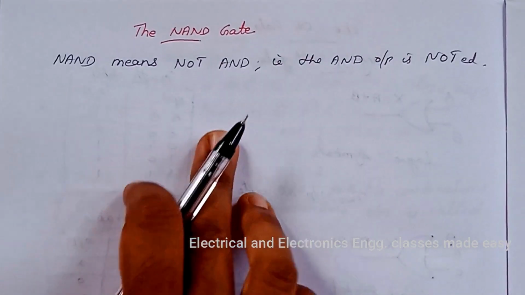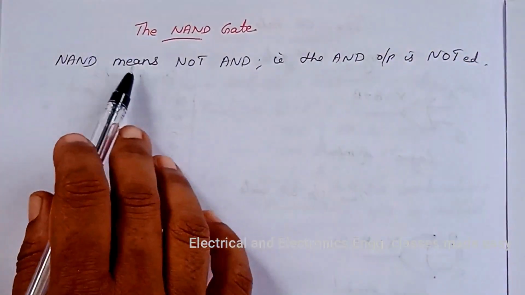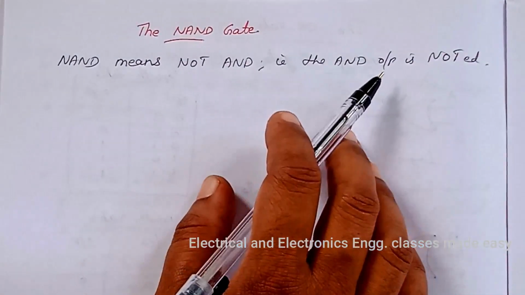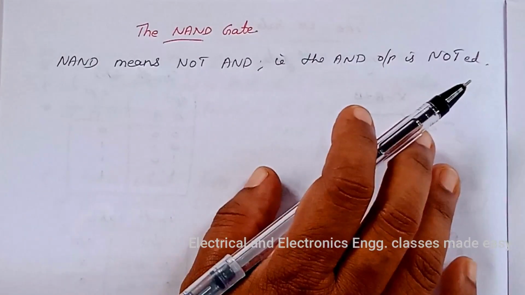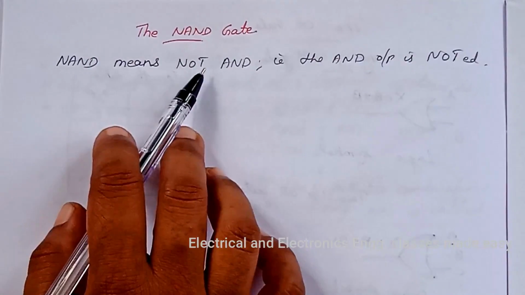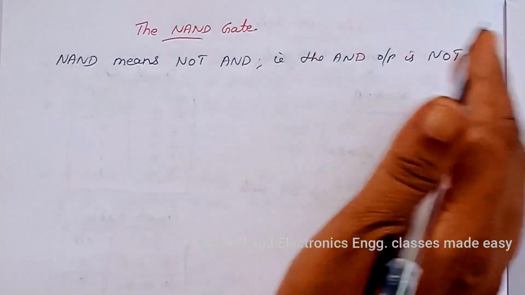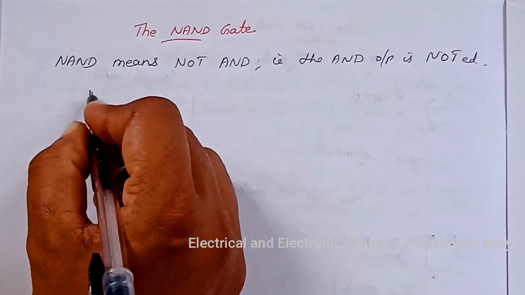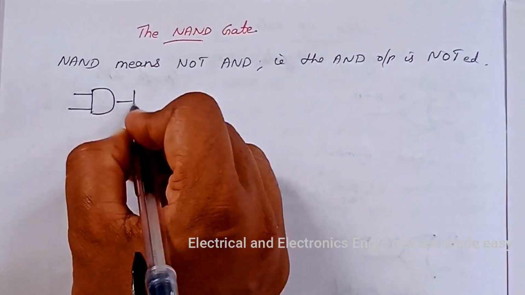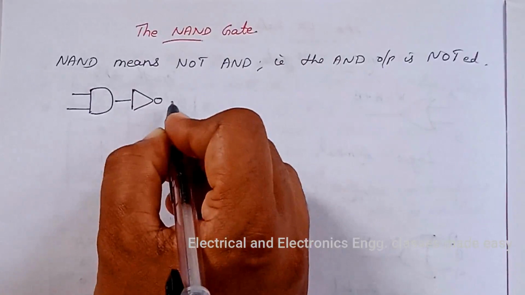Next is the NAND gate. NAND means NOT AND, that is, the AND output is inverted. So a NAND gate is a combination of an AND gate followed by a NOT gate.